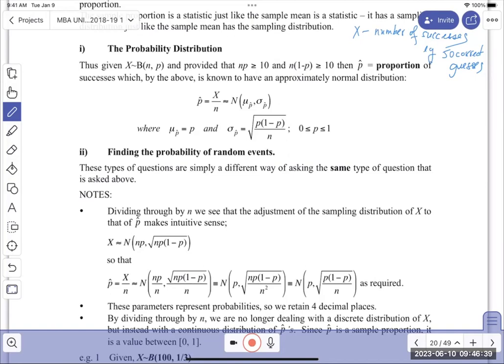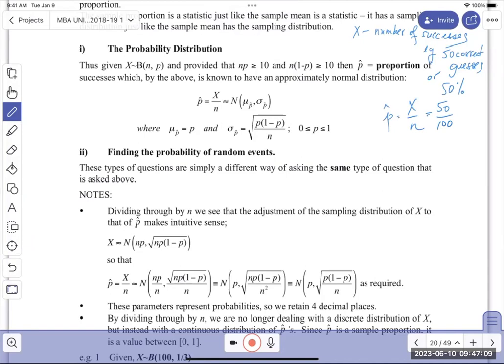So to talk about the proportion, what I need to do is take 50 and divide by how many correct guesses are possible. So 50 correct guesses or 50%, because it's 50 out of 100. In other words, X over N gives us P hat.